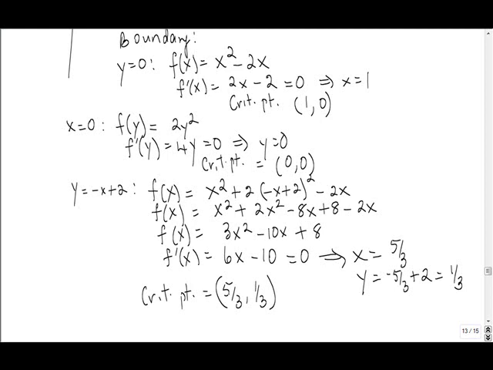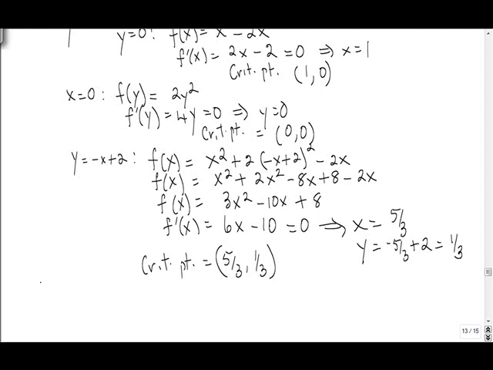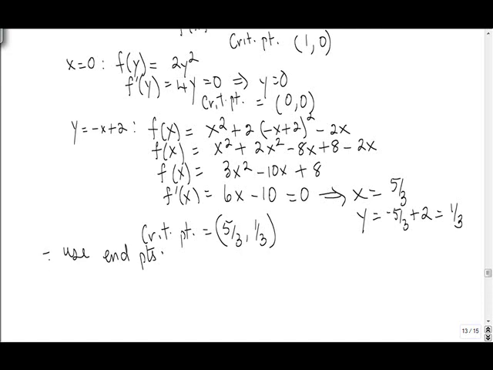So we have checked the interior, we have checked the boundary, we now need endpoints. So now we can draw a table, but don't forget to use the endpoints, because people always forget that you have to use the endpoints. Let's draw the table. x, y, f of x, y.